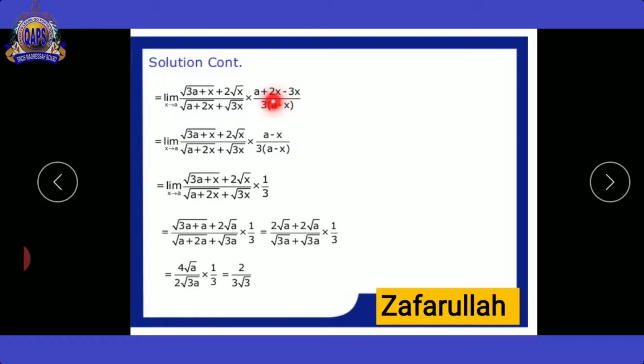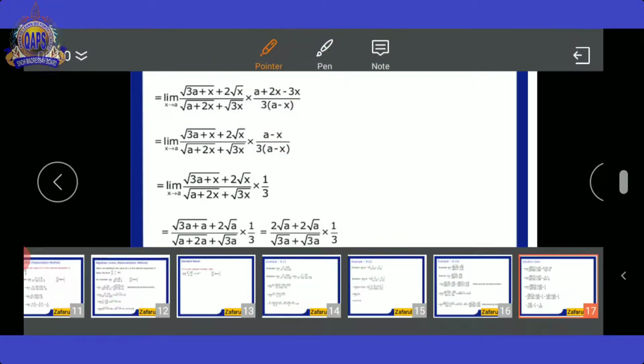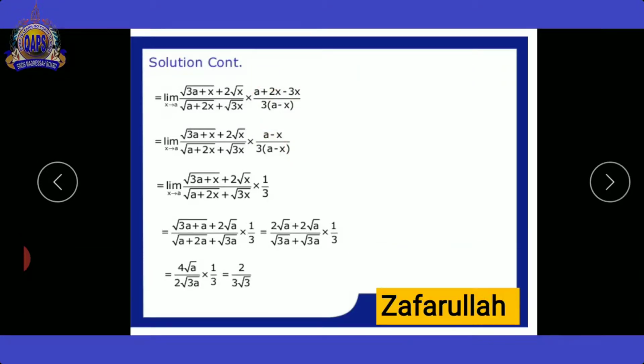So a plus 2x minus 3x, then the result becomes a minus x, because when we subtract 3x from 2x, minus x remains. So this a minus x and this a minus x cancel each other. Then the whole 1 upon 3 remains. Now we apply the limit in place of x.